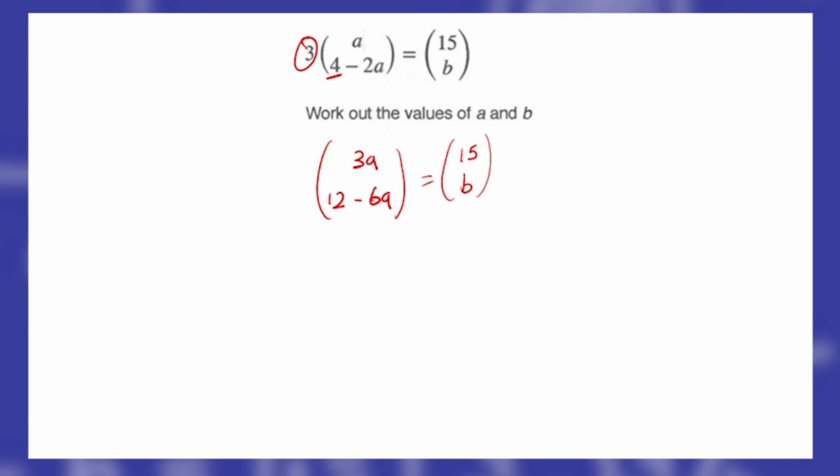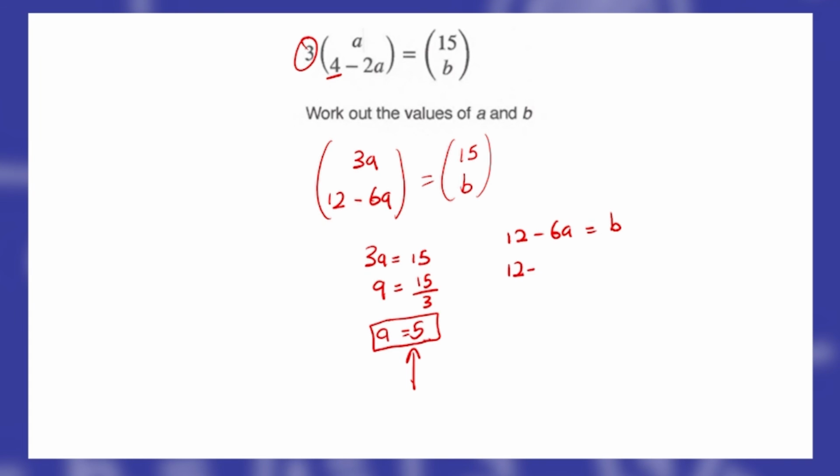So to solve for a and b, we see 3a is equal to 15. Hence, a would be equal to, this 3 is multiplying the a, we take it over to divide, so we'll have 15 divided by 3. Hence, a is equal to 5. So we have our value for a there, which is 5. And then to solve for b, we have 12 minus 6a is equal to b. So we already found a to be equal to 5.